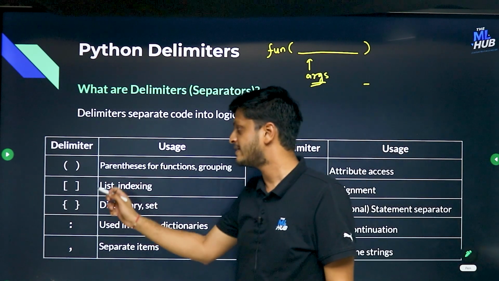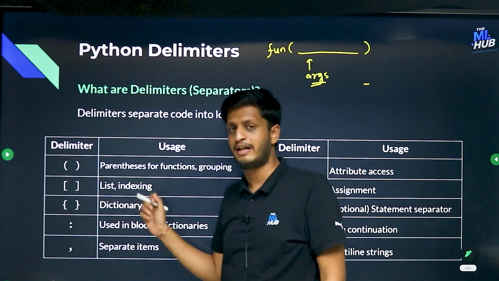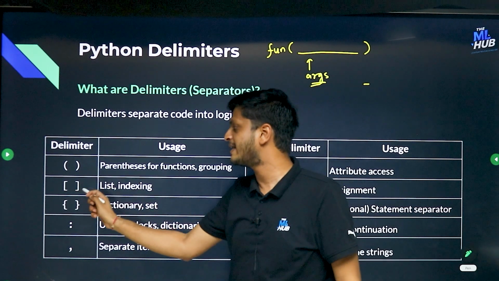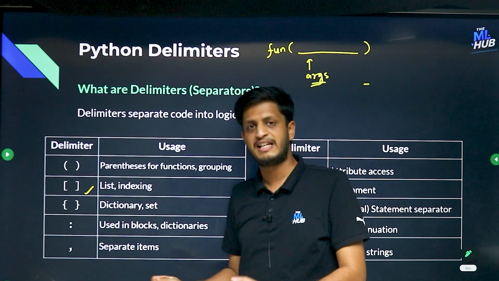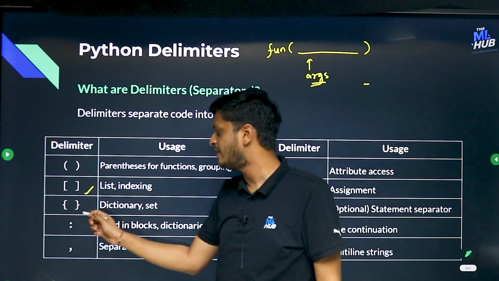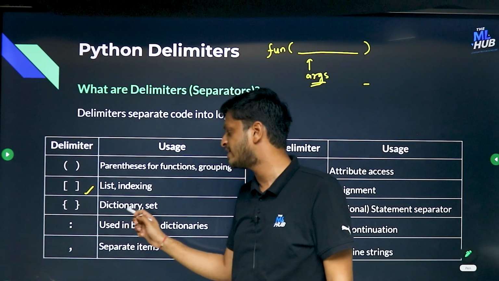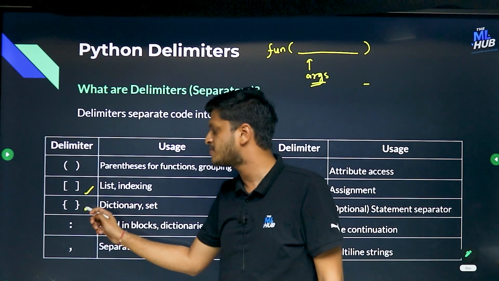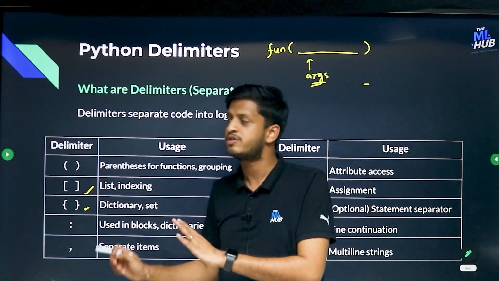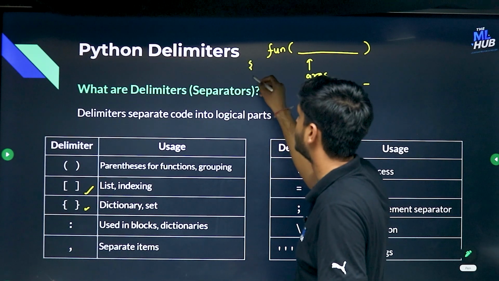Okay, so round brackets are used for functions, and square brackets are used for indexing, and in lists also. So both of them we will see in lists. Then curly brackets are used for defining dictionaries and sets. And actually curly brackets have a special meaning in C++. Don't get confused. In C++ you write everything inside curly brackets.